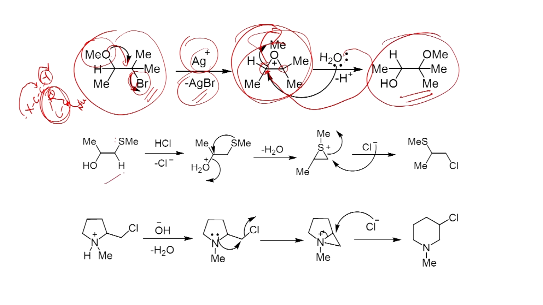Now let us look at this example. Just as we have seen here, when you treat this alcohol with acid, for example hydrochloric acid, it can protonate, so you will have this intermediate. This is the leaving group, and the sulfur lone pair can assist to cleave this carbon-oxygen bond heterolytically, so you form this cation intermediate via SN2 pathway.